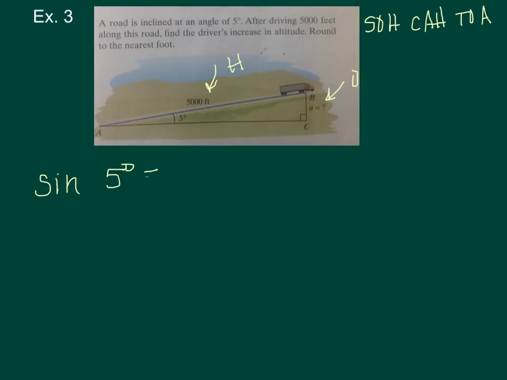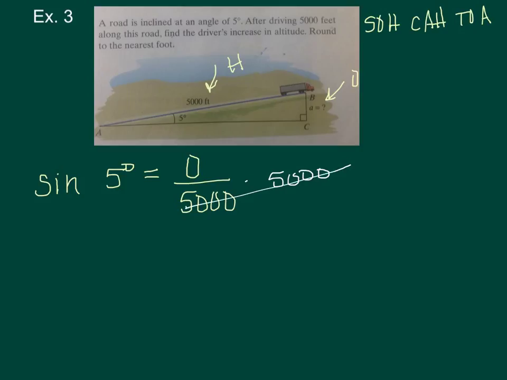Sine of 5 degrees is equal to opposite. We don't know, so I'm going to call it A. Actually, let's call it O for opposite, over hypotenuse, which is 5,000 feet. And then we solve for O. So you're going to multiply both sides by 5,000.